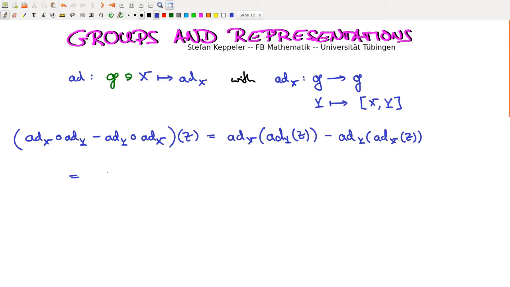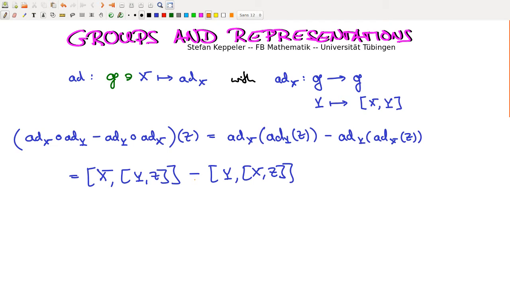This here is the commutator of y and z. And then we take the result, and of that the commutator with x, or rather the Lie bracket. It's x, and then we have y, z. And here we have it the other way round. We have y with x, z.